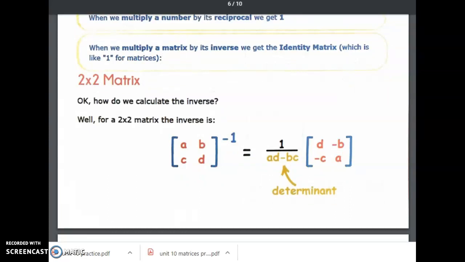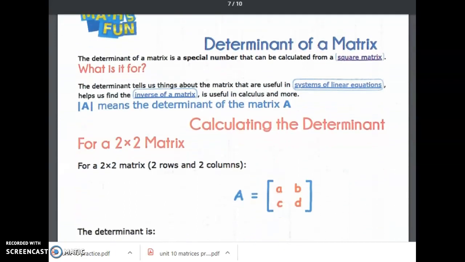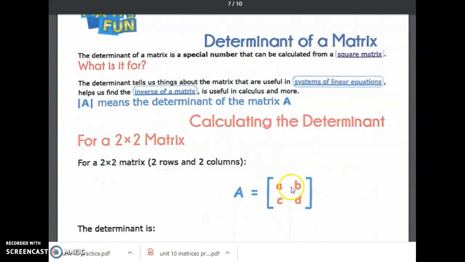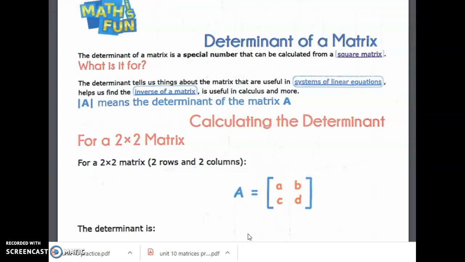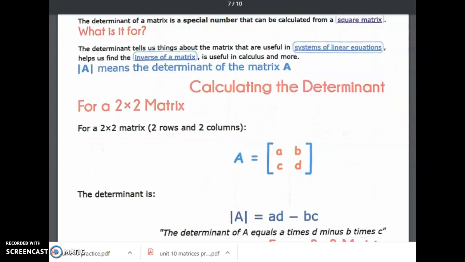The determinant of a 2 by 2 matrix is calculated using this formula, AD minus BC, if we consider a 2 by 2 matrix having elements in this configuration: A, B, C, D. So we would multiply down the diagonals essentially, and then subtract by the other diagonal. A determinant is a special number that we use to find the inverse.